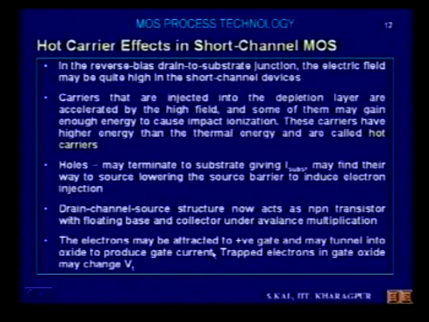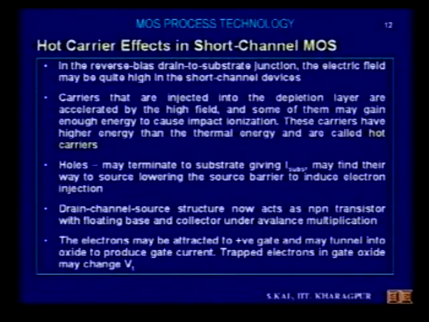Hot carriers are both electrons and holes, and electrons, being light, move with higher velocity and higher mobility. Some of the electrons may cross the barrier of the oxide and be trapped inside the oxide. If electrons are trapped inside the oxide, they end up as charge, and that charge will reduce the threshold voltage VT of the MOSFET.